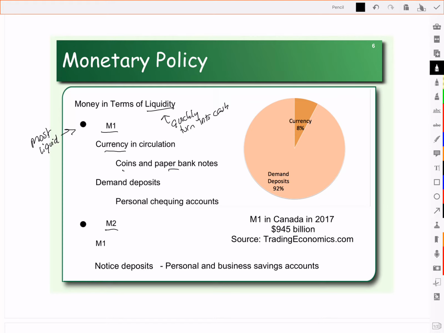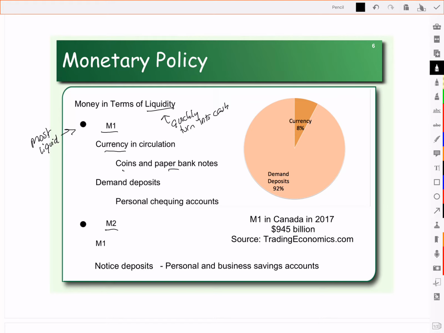You can break this down further, and you find that demand deposits are about 92% of M1, and 8% is our currency. So if we take 945 billion and multiply it by 8%, we have about $75.6 billion worth of cash, coins, banknotes in circulation in Canada.